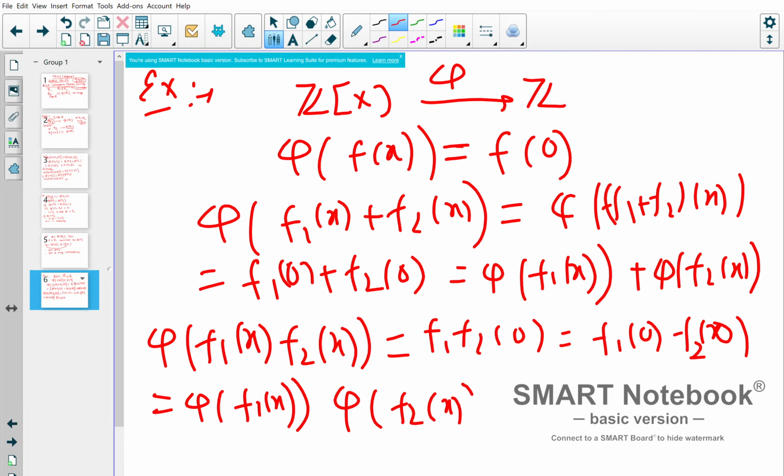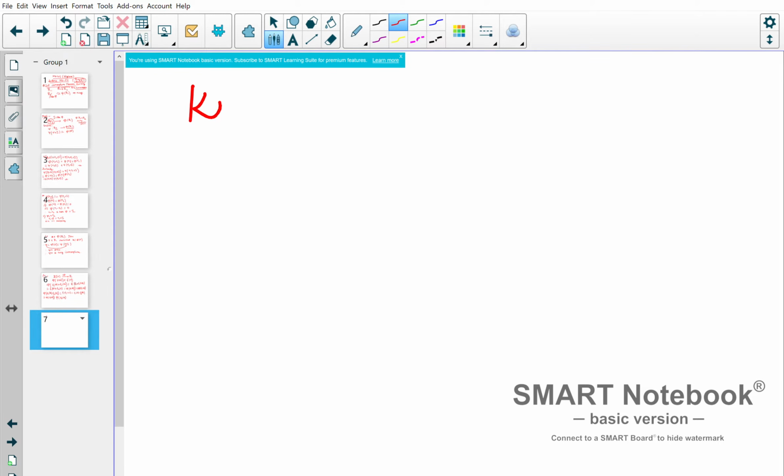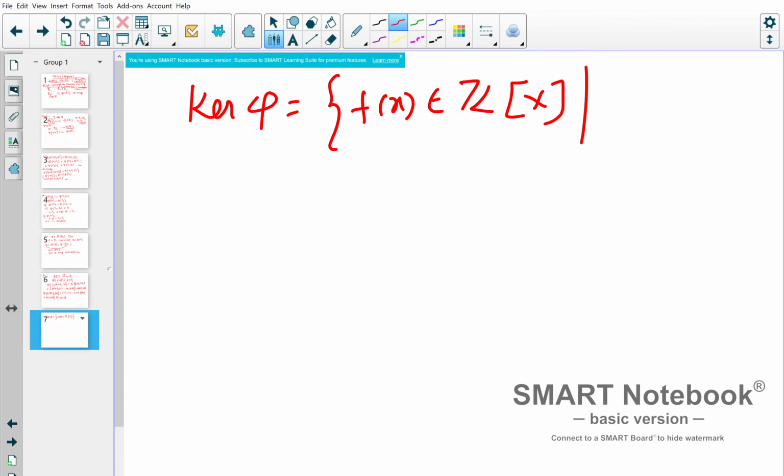So this is a ring homomorphism. This is clear, and you can find out what the kernel is. So what is the kernel of this homomorphism? Kernel of phi is nothing but all those f of x inside the integer polynomial ring such that f of 0, the constant term, equals 0, right?